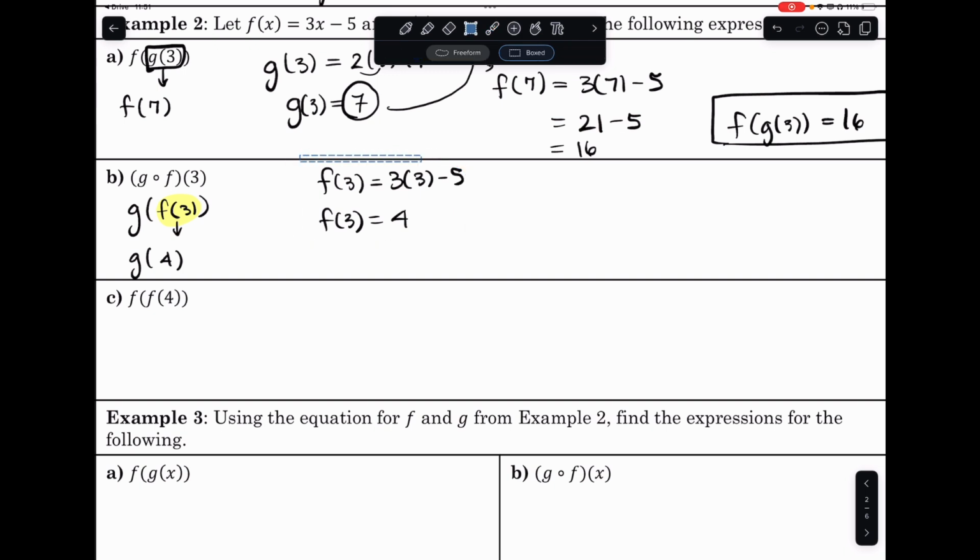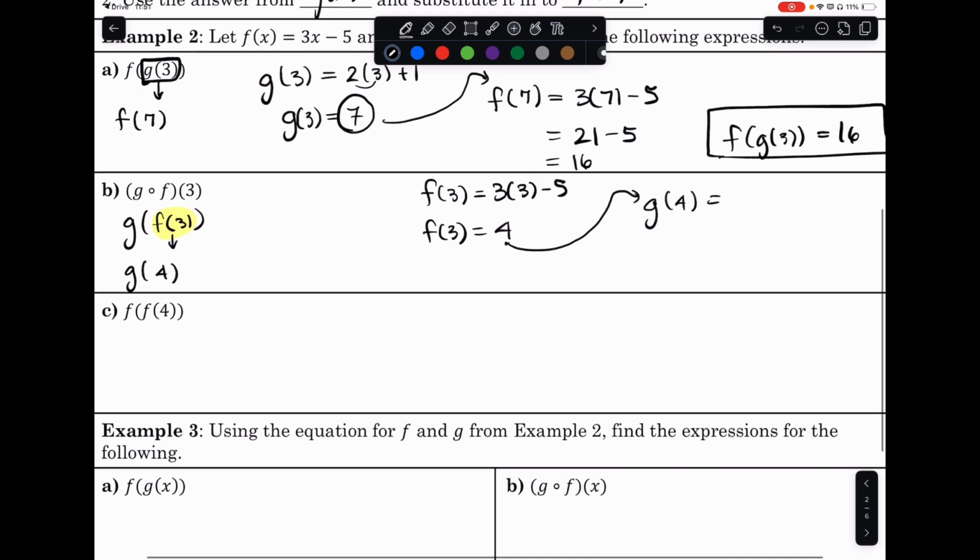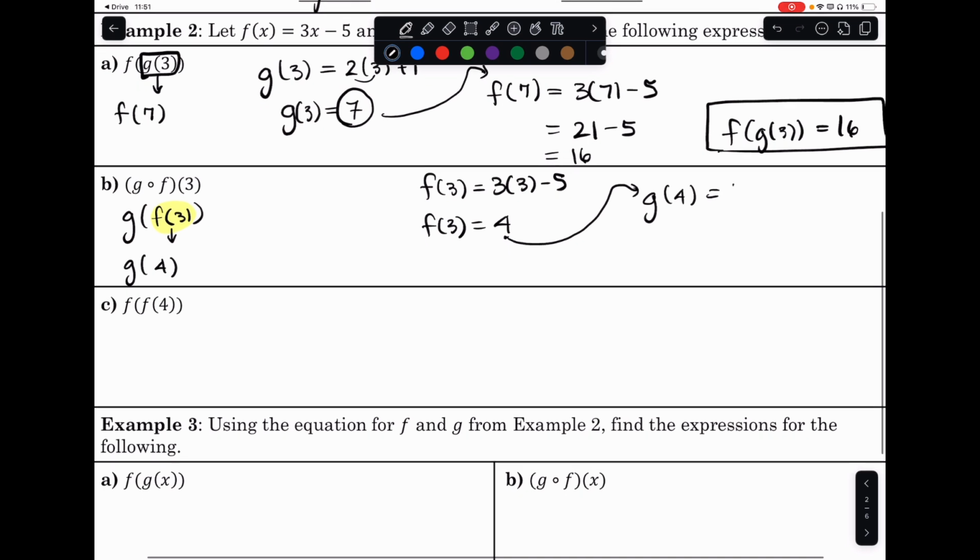Sorry, let me move this over here to the side. So what we're going to do now is take this output value and evaluate g when x is equal to 4. Since the function g is 2x plus 1, this would be 2 times 4 plus 1, which is a total of 9. So g of 4 is equal to 9.